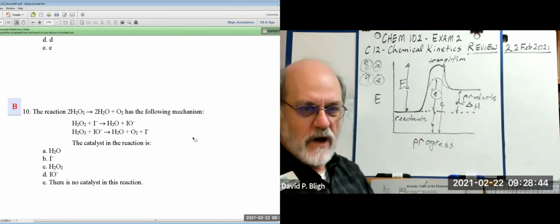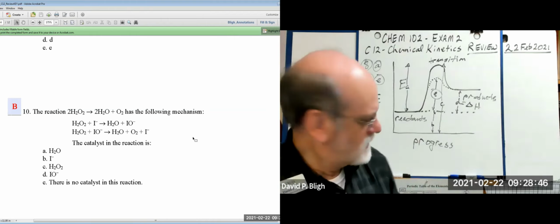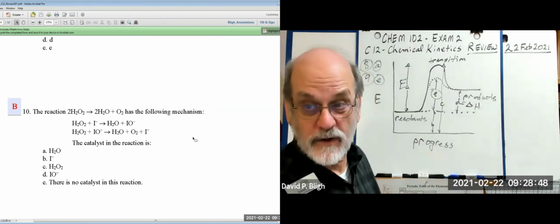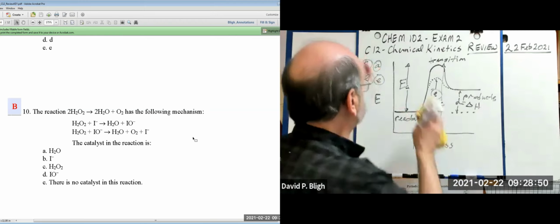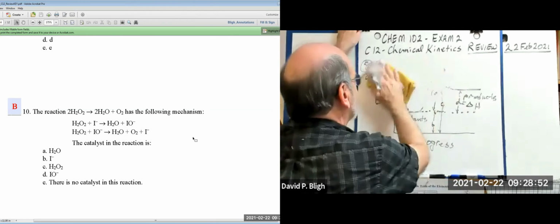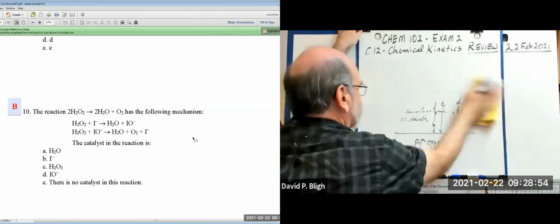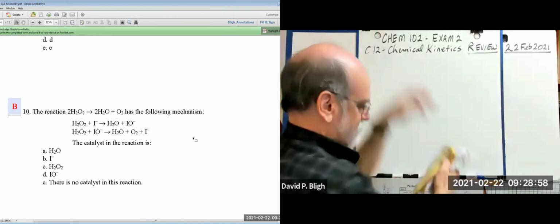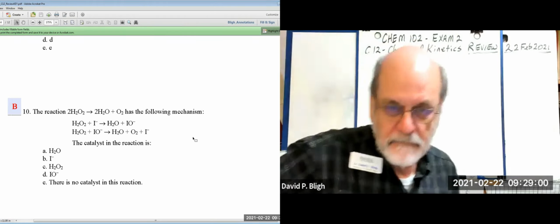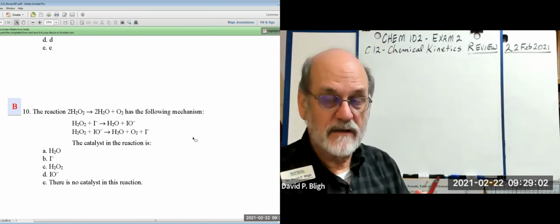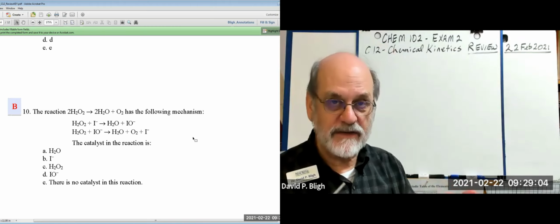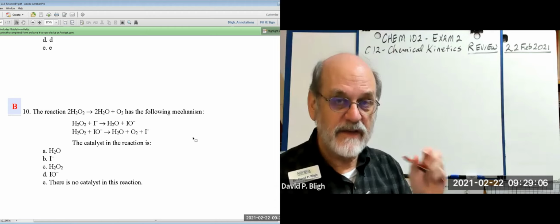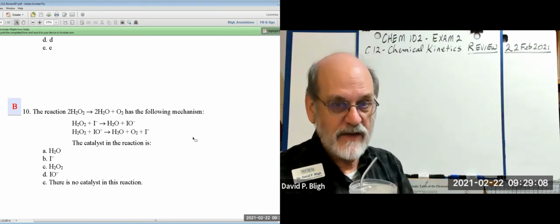Remember we talked about the homogeneous versus heterogeneous catalysts. The basic condition for homogeneous catalysts is that they exist in the same phase as the reactants.